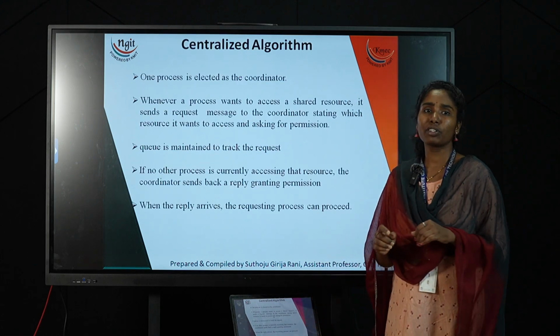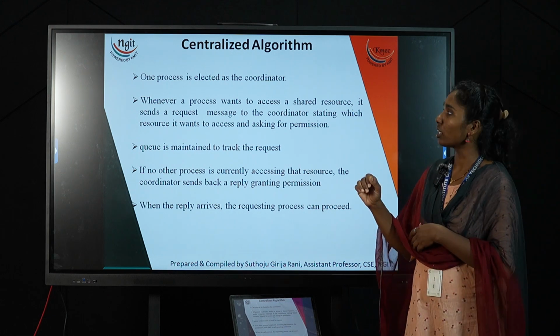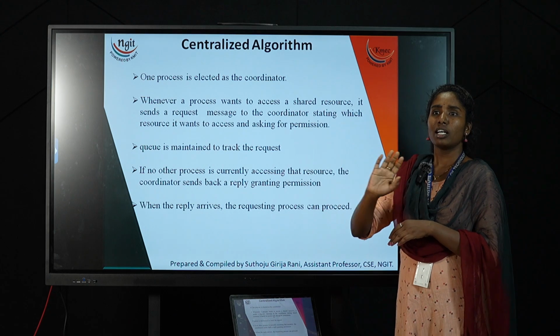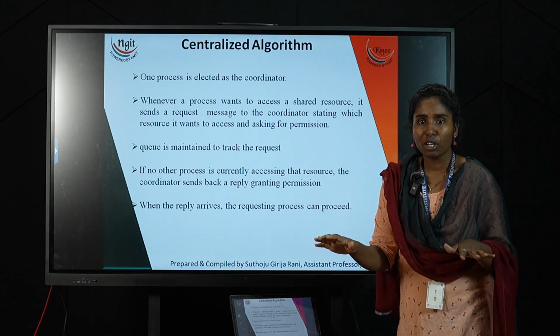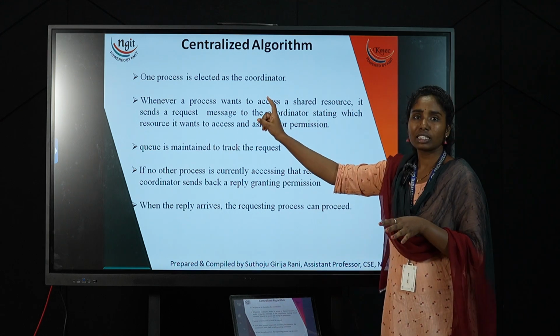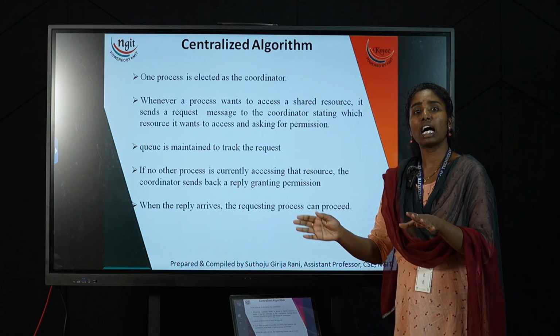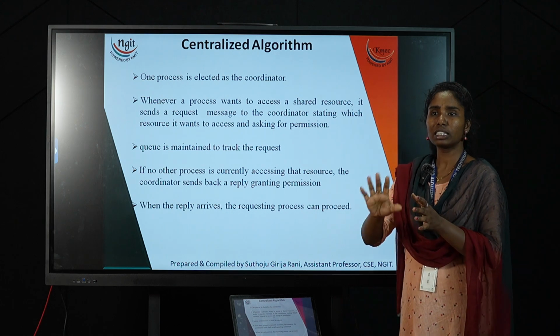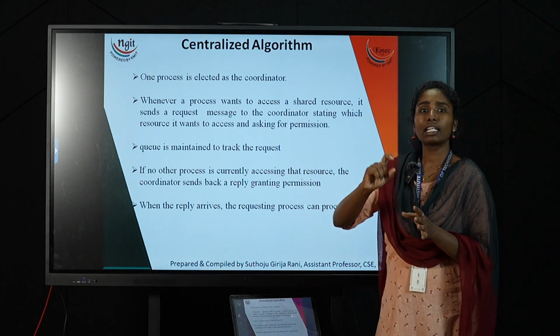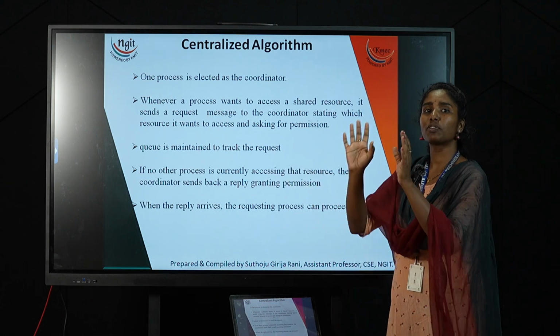Now we will move to the first one, that is the centralized algorithm. As we are in a distributed environment, every process will be in communication with all the other processes. Now every process will elect one process as the coordinator.